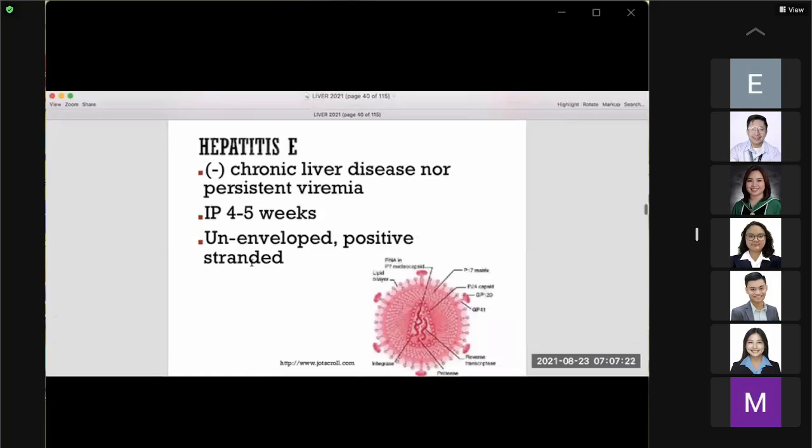Then we have hepatitis E. Just like hepatitis A, they don't have chronic liver disease nor persistent viremia. The incubation period takes about 4 to 5 weeks rather. And this one is an enveloped virus, positive stranded.